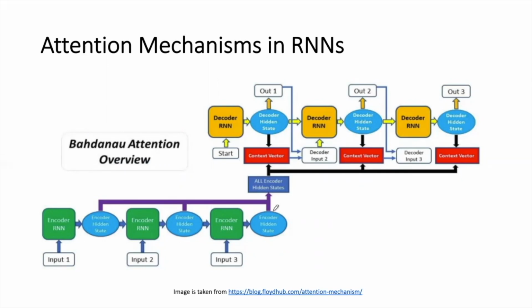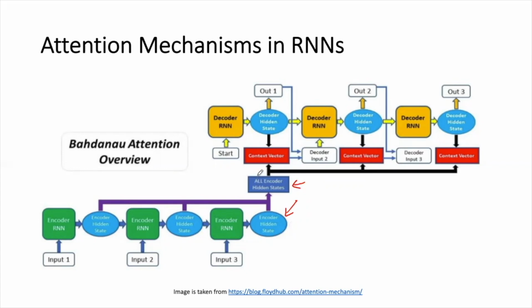Now, unlike the sequence model where only the last encoder hidden state is passed on to the decoder, we collect all the encoder hidden states for each of our inputs, and we pass them to the decoder.